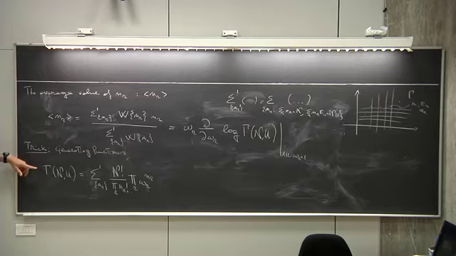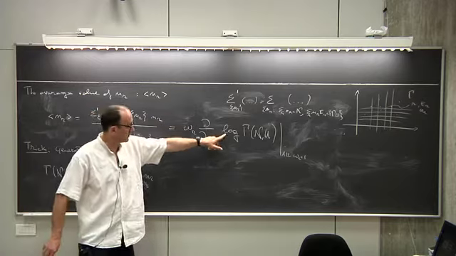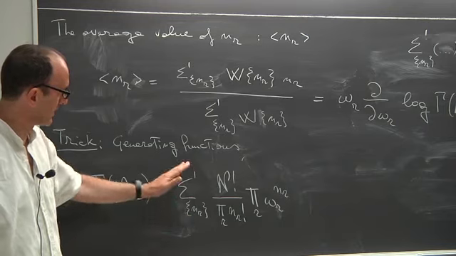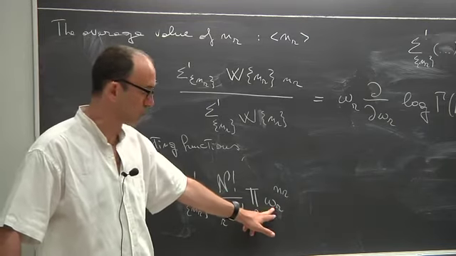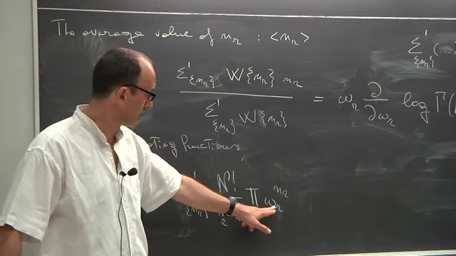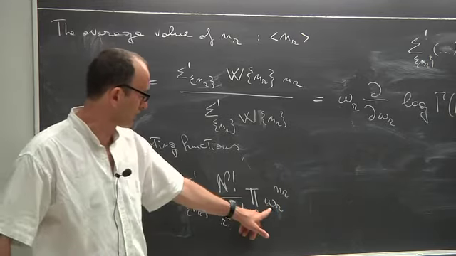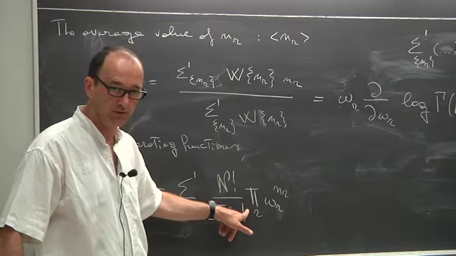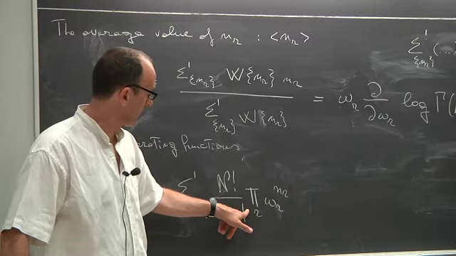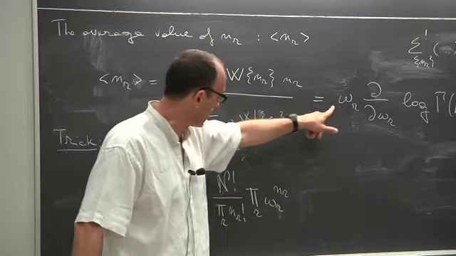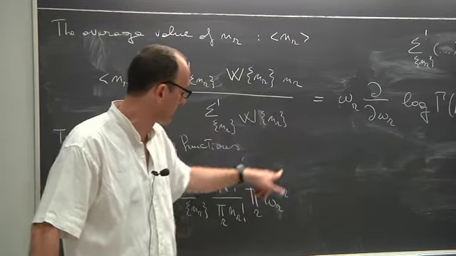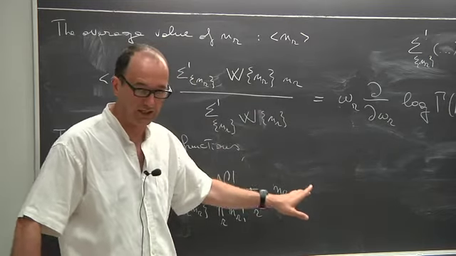Because when you take the derivative of the log, you will get 1 over gamma times the derivative of gamma with respect to omega r. The derivative will get you an n r down, and then you will get omega r to the nr minus 1, but with the omega r you will get back omega r to the nr.